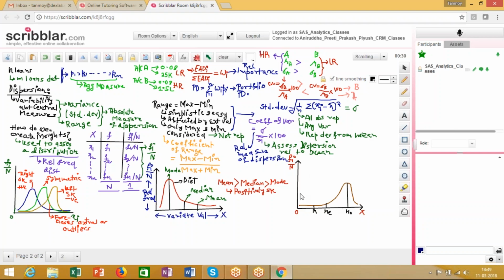Now in this case we can clearly see that the mode is greater than the median, and the median is greater than the mean.